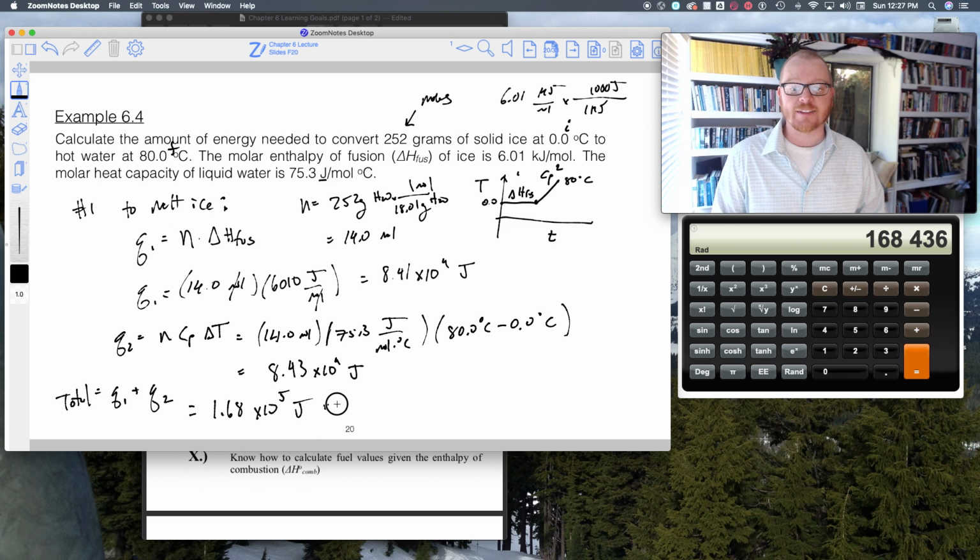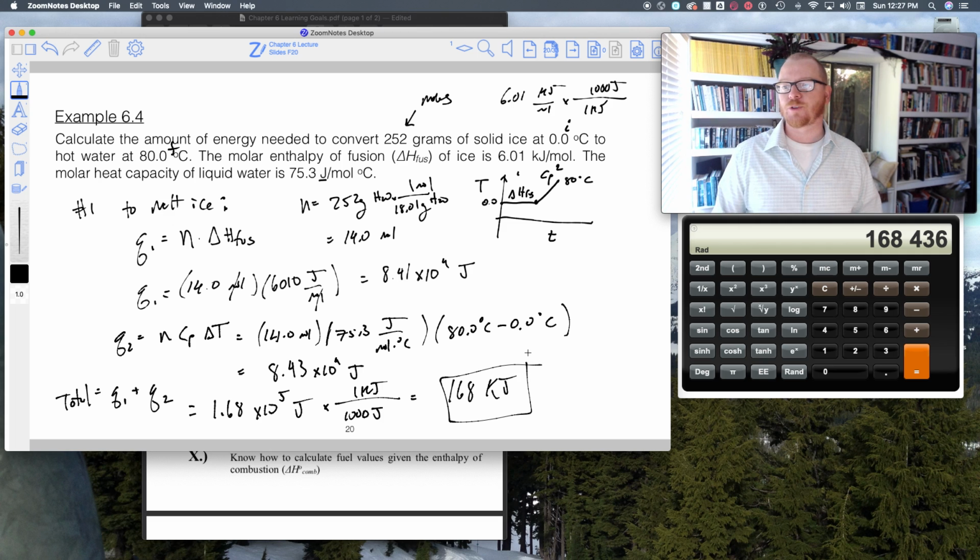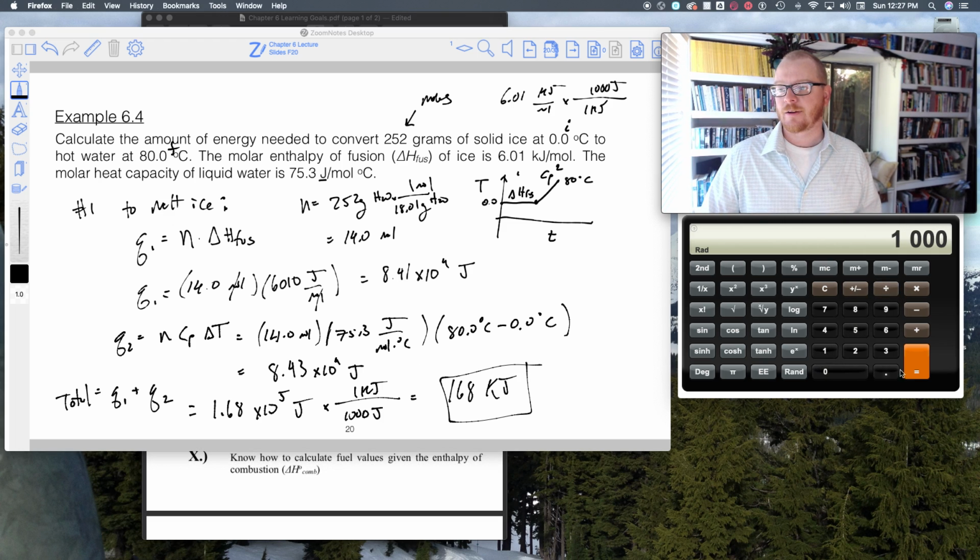I'm going to convert that to kilojoules just because that's such a big number. In 1,000 joules there's 1 kilojoule, so divided by 1,000, that's 168 kilojoules of total energy, 168.4, or 168 with 3 significant digits.